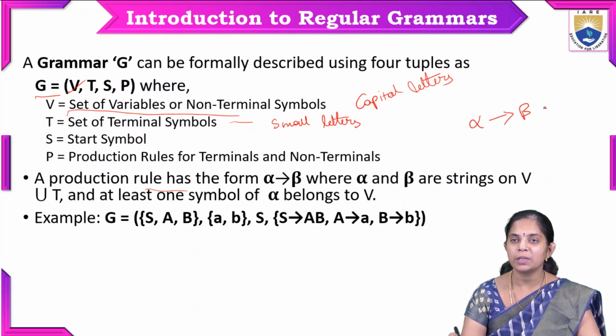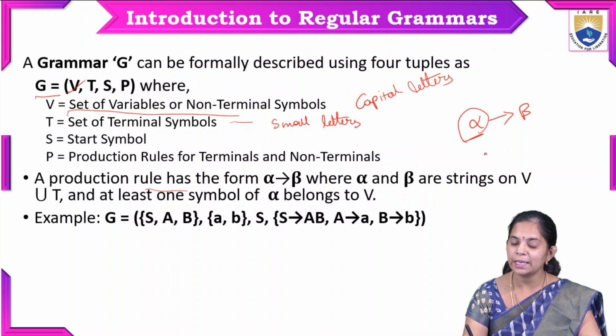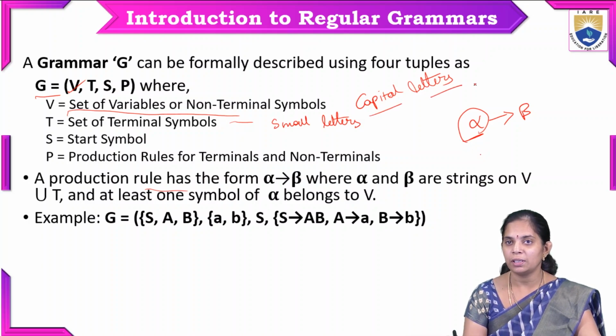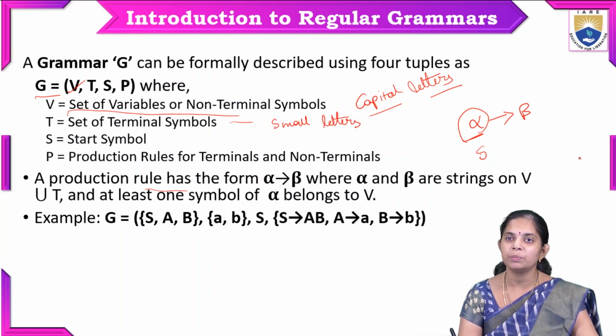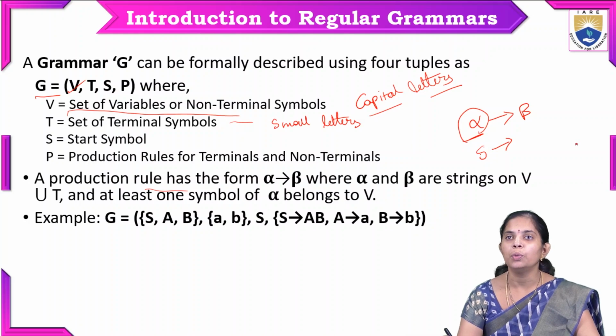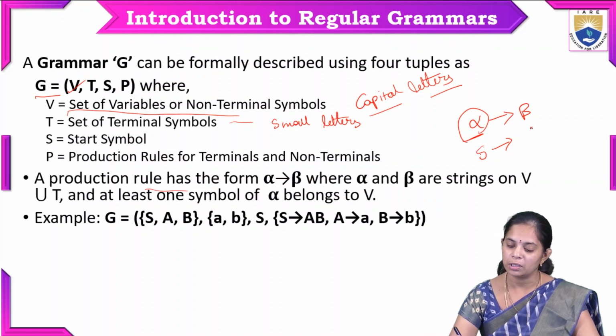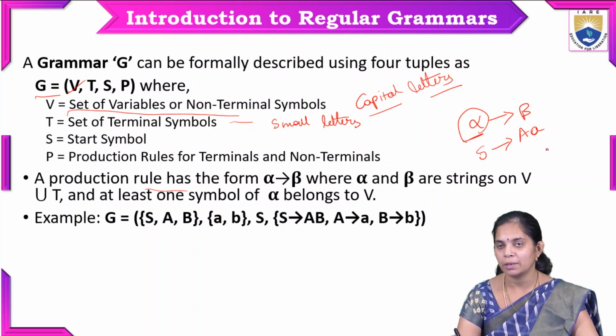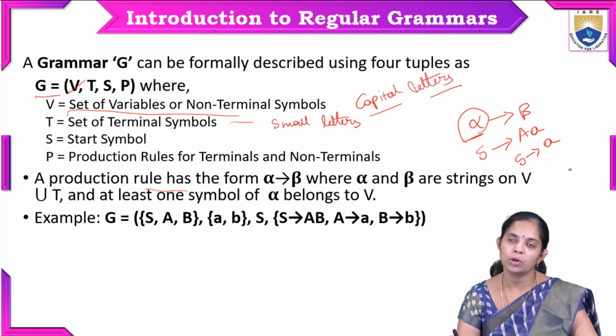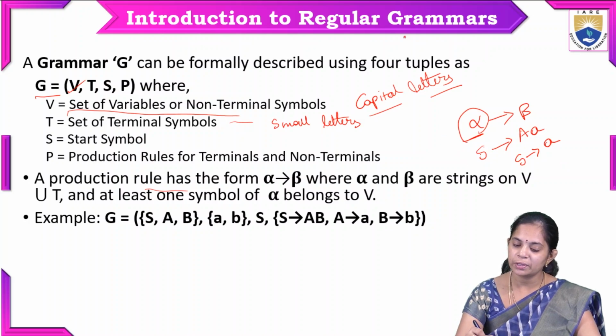Alpha is a single non-terminal, represented with a capital letter. Suppose S is the starting symbol, so V tends to beta, where beta is a combination of terminal and non-terminal. This is one type of example. Also, S tends to a terminal is a production rule. These are the production rules for the regular grammar.